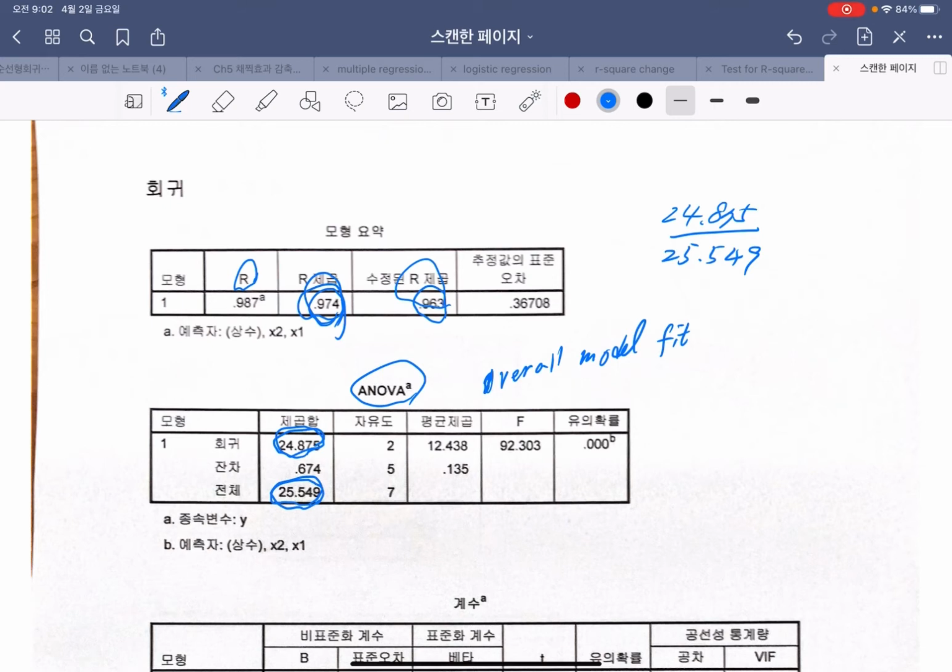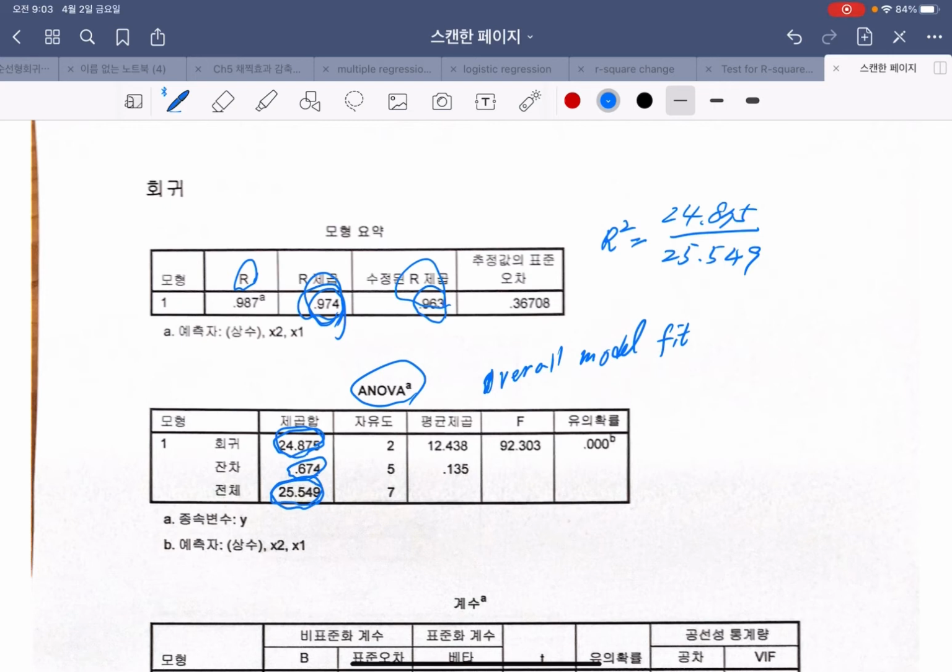This one is the unexplained variation, just like in the simple regression. So R square is computed by dividing your explained variation by total variation. So you get the R square.